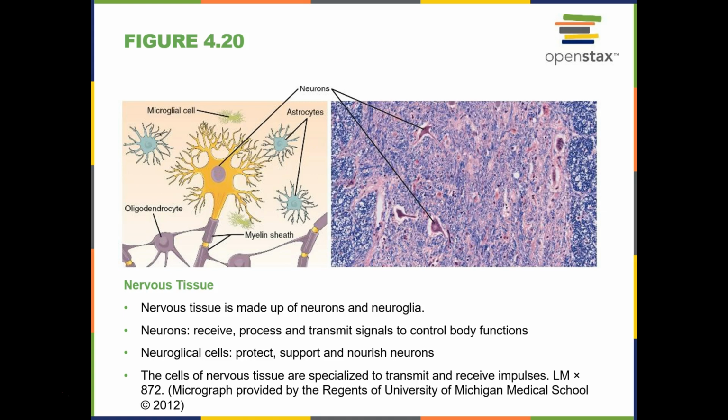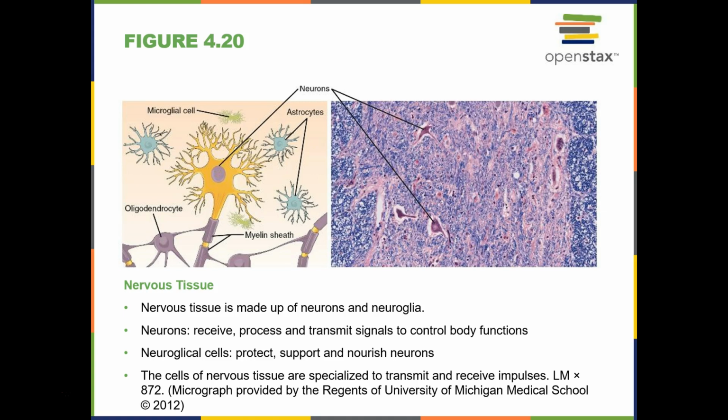Neuroglial cells are your protectors of the nervous system. So they support and protect the neurons. We have neuroglial cells that act as the phagocytes, so the microglial cells. We have neuroglial cells that wrap around the neurons to make the action potentials, or the information, travel faster.